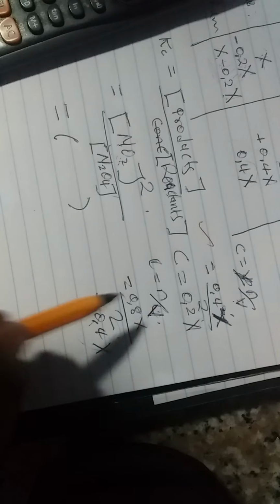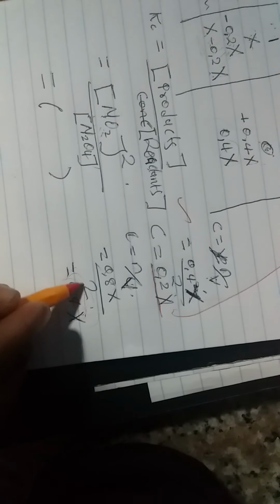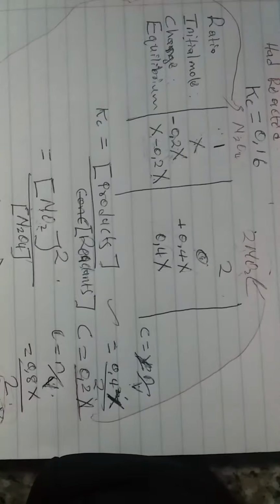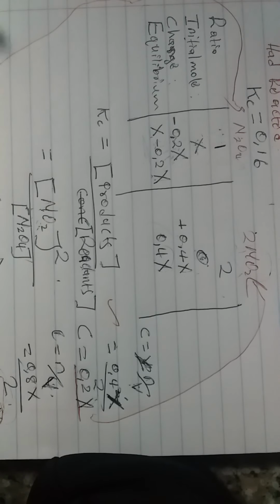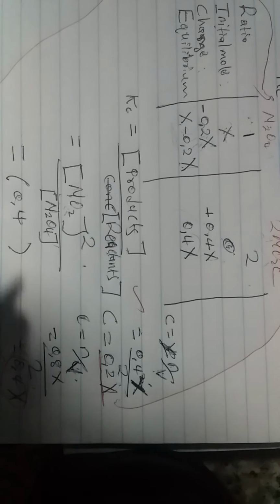So therefore now you can put your round brackets, because you are substituting. This is the concentration for that one, and this one is the concentration for that one there. So you can just substitute 0.4.